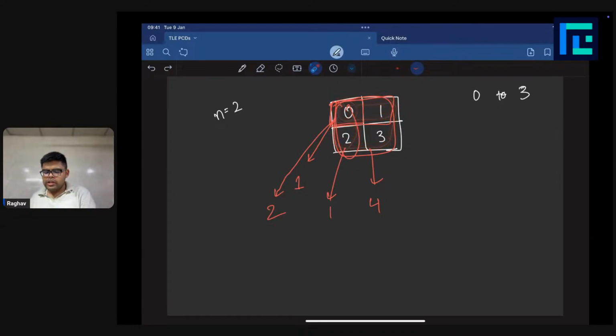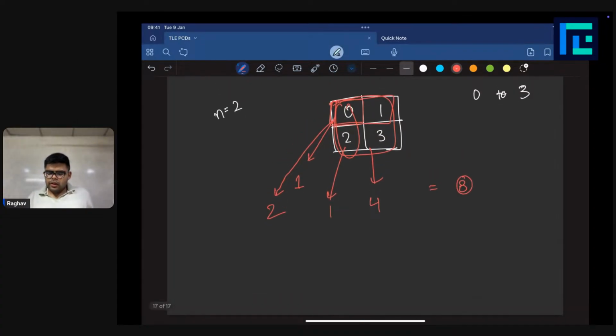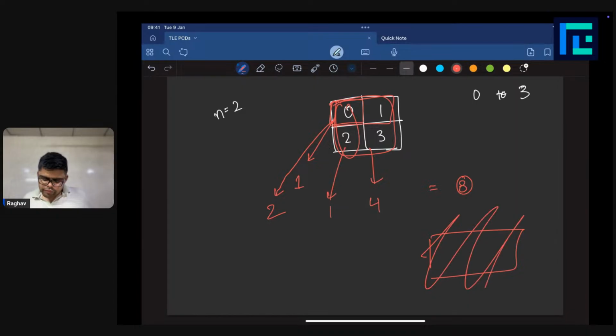I think there are only these 4 subgrids that will have a non-zero MEX value, and the sum should become 8 here. So obviously, you can already feel the pressure that it is not so easy to figure out where you should place the first zero, then where you should place the one, two, three. And it is not easy to do all the dry run stuff, like what would be the sum of subgrid MEX over all the subgrids.